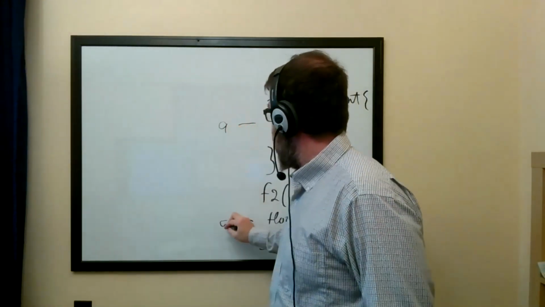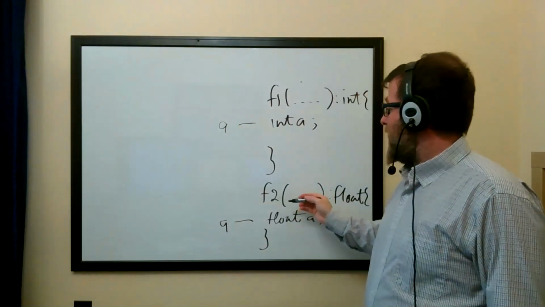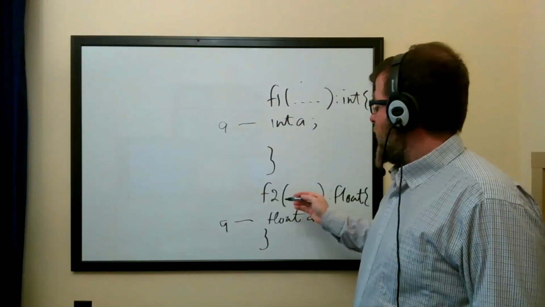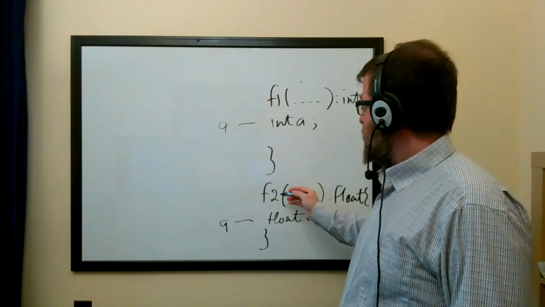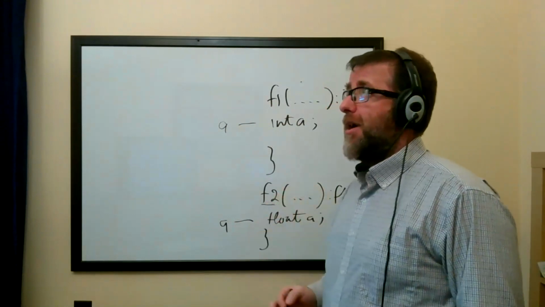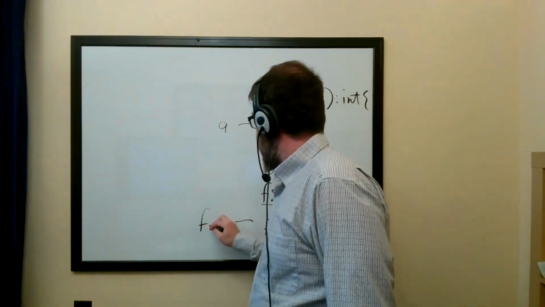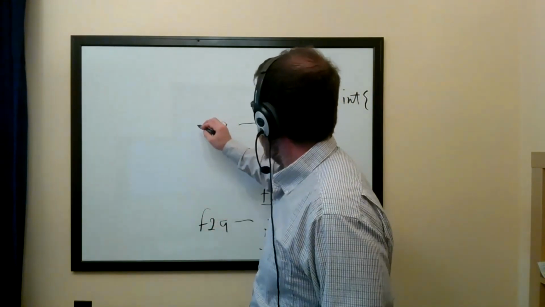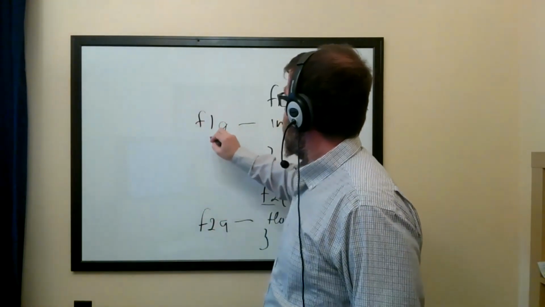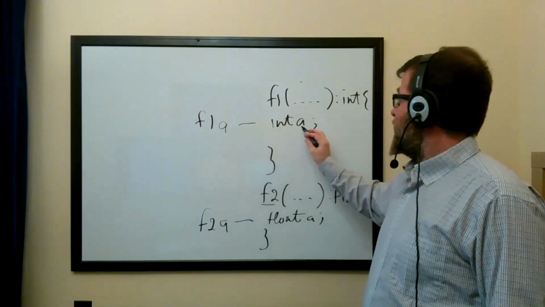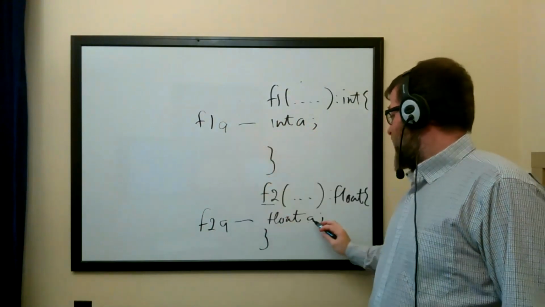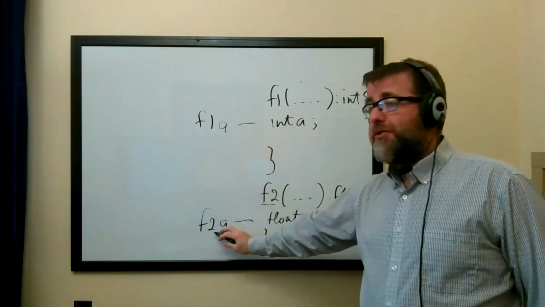They're both named a, but you may put the function name or the scope name before the variable name, so that the tag for this variable is f1a, and the tag for this variable is f2a.